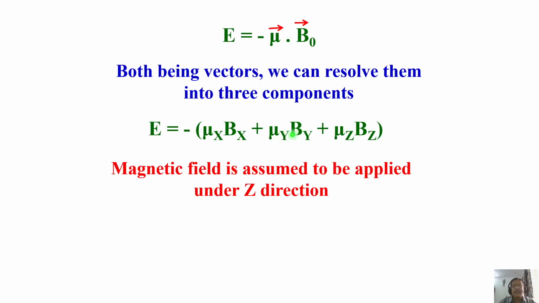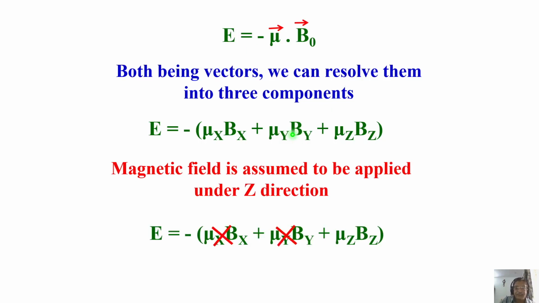We always take the direction of the magnetic field as the z axis. So when I resolve these things, I consider only the direction of quantization, that is mu z, with the z direction of the magnetic field. So I will consider only mu z and Bz. As a consequence, these two terms get eliminated. We don't consider that at all. You understand?